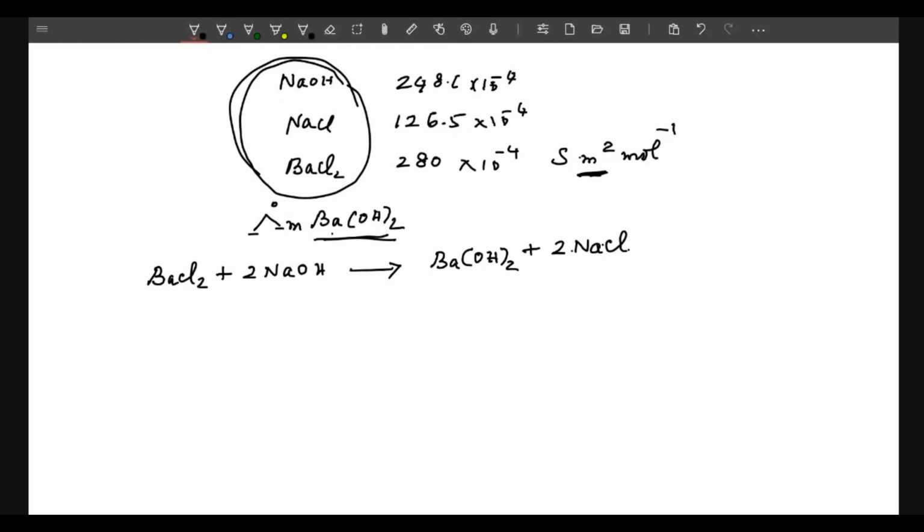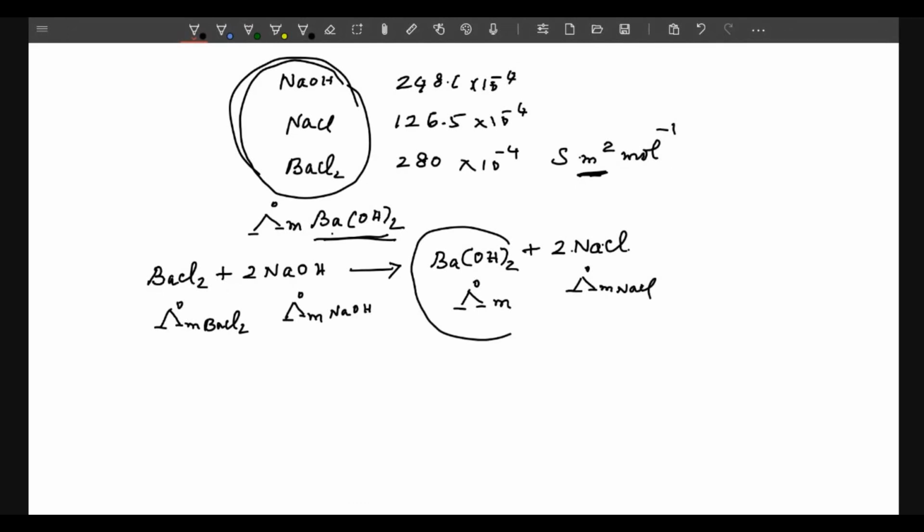We want to calculate this one, for which we should know the lambda naught M of sodium chloride, the lambda naught M of barium chloride, and lambda naught M of sodium hydroxide into 2.